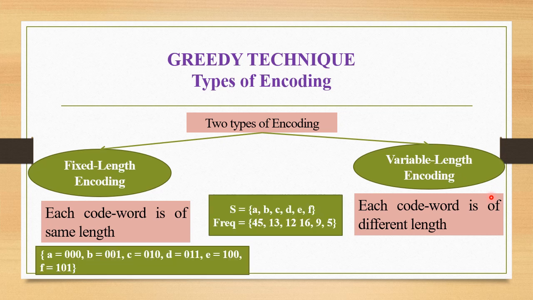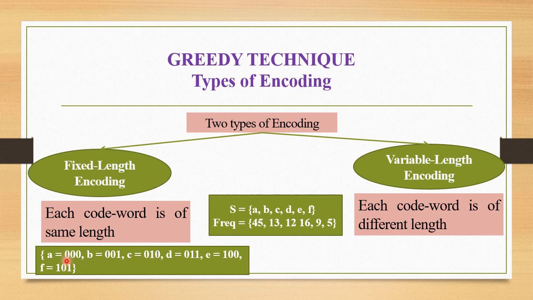Here they have given a set of characters and their frequency of occurrence. A occurs 45 times in a document, B occurs 13 times, and similarly C, D, E and F are given. Irrespective of the occurrence of these characters, the number of bits assigned in fixed length coding remains the same.